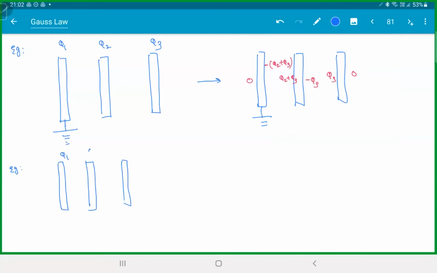Let's say this was Q1, this was Q2, this was Q3. And let's say if I earth this, now what will be the distribution? So whenever you earth parallel plates, outside charge will become 0. And the plate which you connected, charge is not conserved.